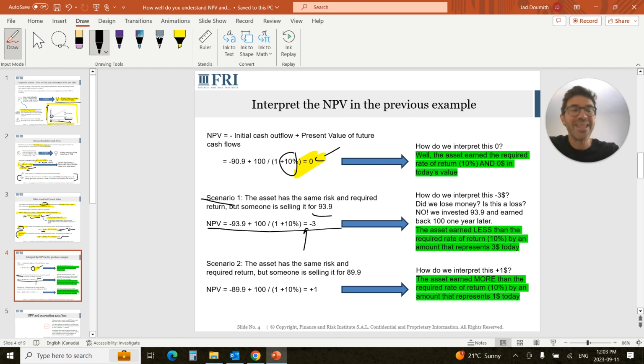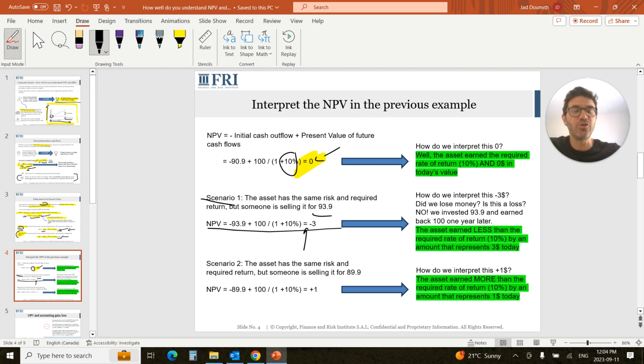Whenever you see a negative sign, it automatically means that the project returned less than what was required of it. It was required of the project to return 10% per annum, it returned less. The minus sign is automatically telling me this project earned less than its required rate of return.